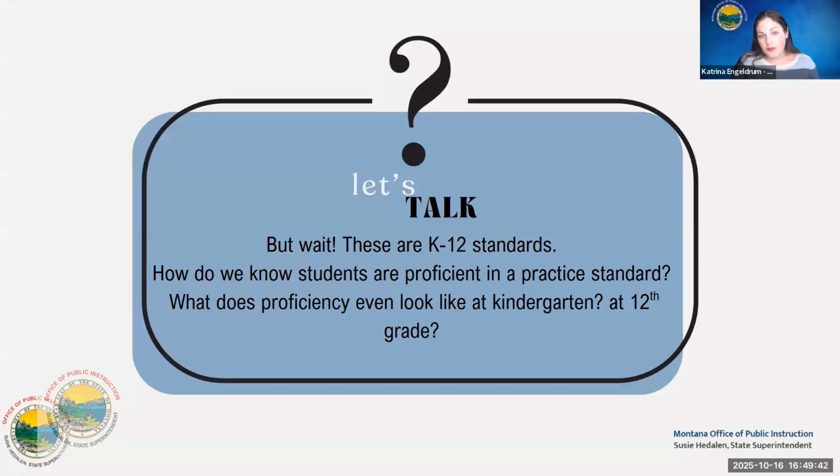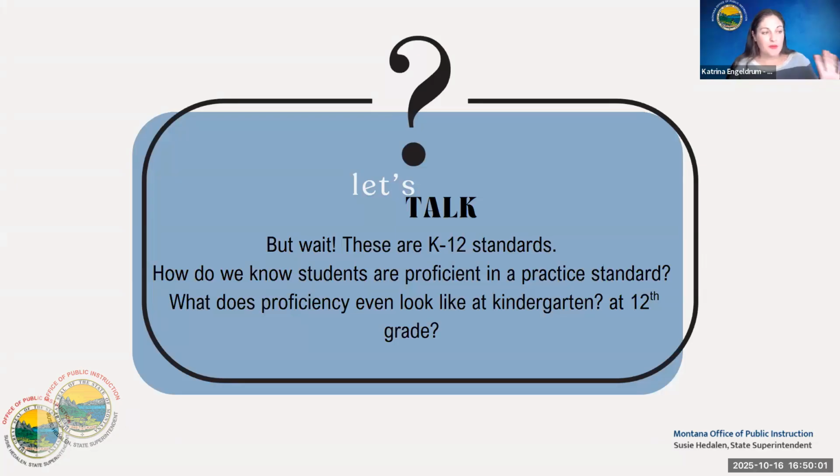But these are K-12. And making conjectures, I'm sure many of you would agree, looks different for our kindergarten students than it does for our 12th grade students. So how do we figure out if a kid is ever proficient in this math practice or any of the math practices in particular?